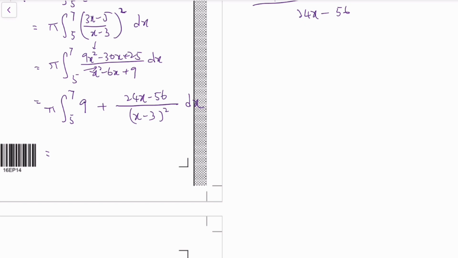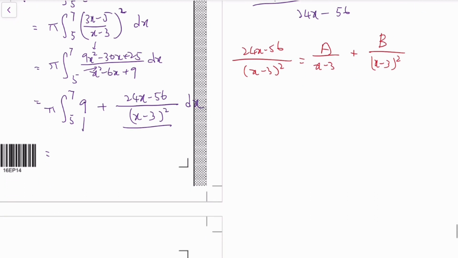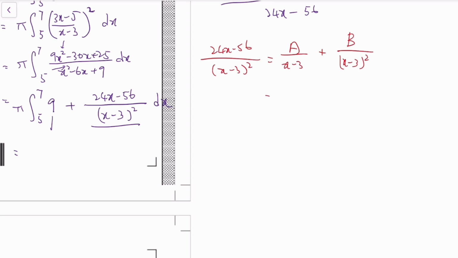So 9 is readily integrable. The problem is the next part. I don't think I have much choice but to do a partial fraction. So it's a over (x minus 3) plus b over (x minus 3) squared. This is one of the standard situations that you will see for a partial fraction.